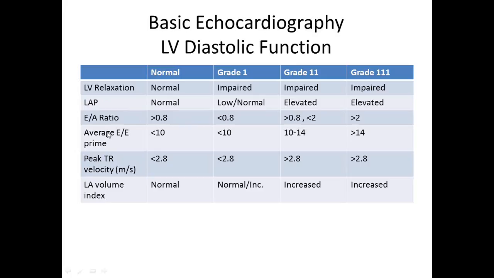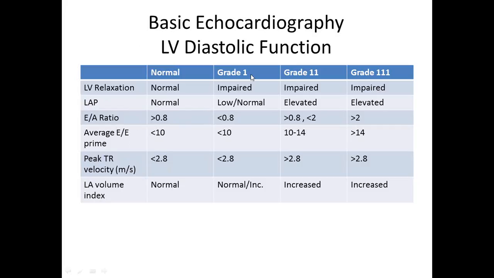And if you do your E/E prime ratio, average that is, you take the medial and the lateral, you add it together, divide by 2, and then you're going to put your E over the average E prime. If that average E/E prime is less than 10, then the individual is probably normal. The peak TR velocity is usually less than 2.8 as well. And your left atrial volume index is going to be normal.